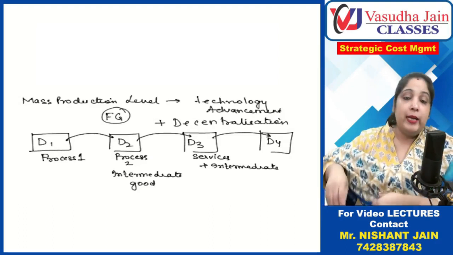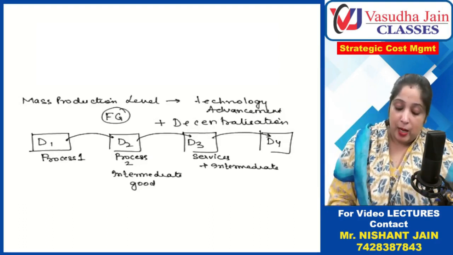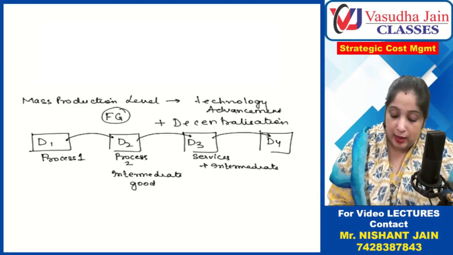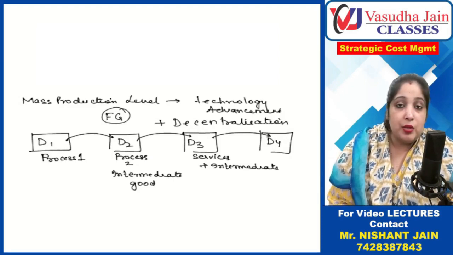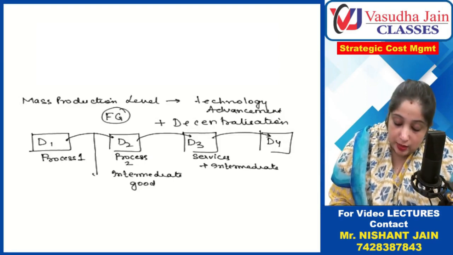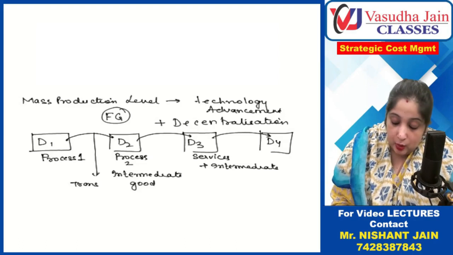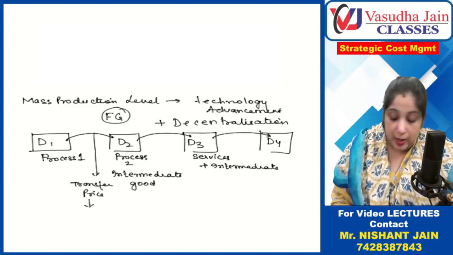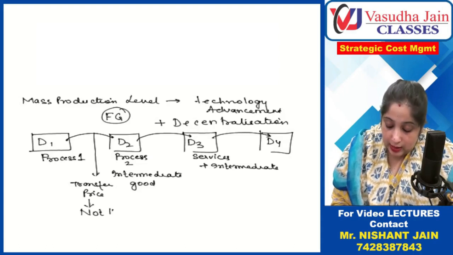Now the point here is that when one department transfers to the other department, they do not transfer for free; they transfer the intermediate good at some price. This transfer price is not the selling price.